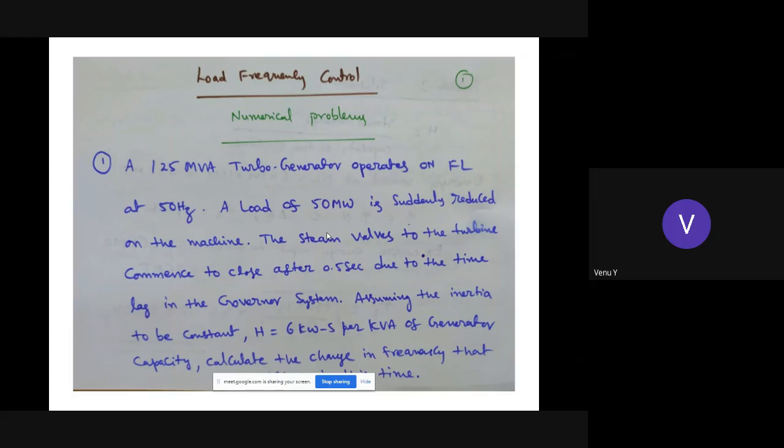So the steam valves will operate with a time lag of 0.5 seconds. In the meantime, the frequency can change, and the inertia constant is given as 6. Now let us find out the change in frequency. That is our question. Now let us solve this problem.